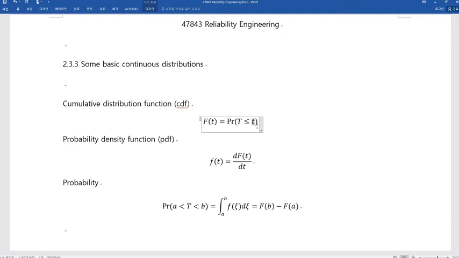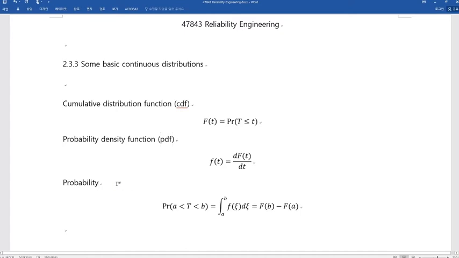And probability density function, which is abbreviated as PDF, is given as the derivative of cumulative distribution function. So in other words, the CDF is given as the integration of probability density function.